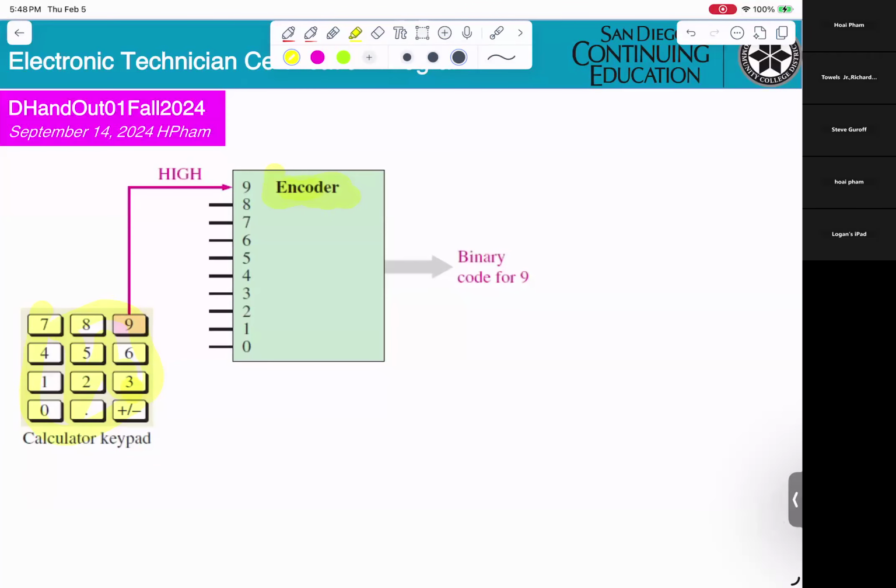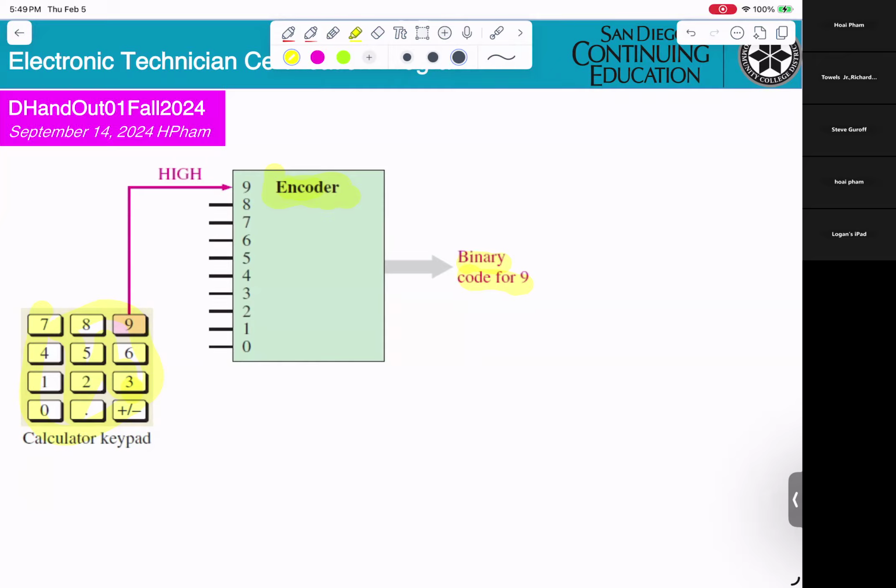When they go to the keyboard, they get a device they call an encoder. This device will change that number to binary number to the computer. You see that?